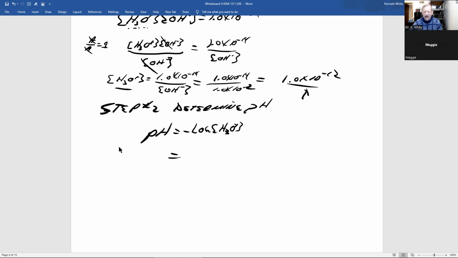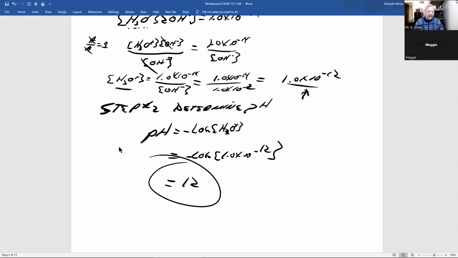We just figured that out right there. And when the hydronium ion concentration is 1.0 times 10 to the minus x, then the pH is x. So what's x here? 12.